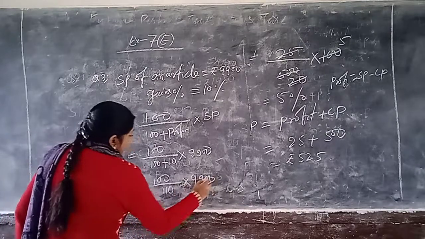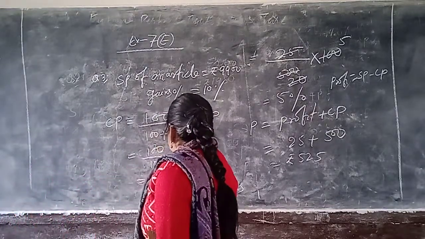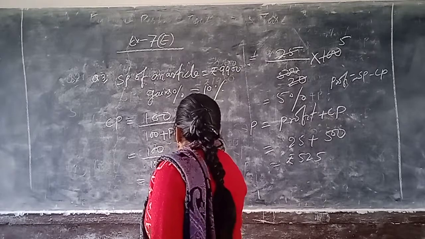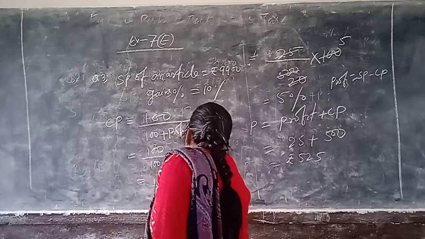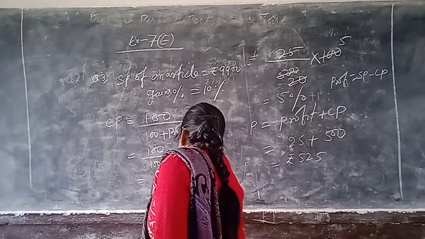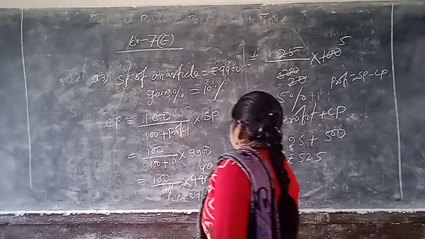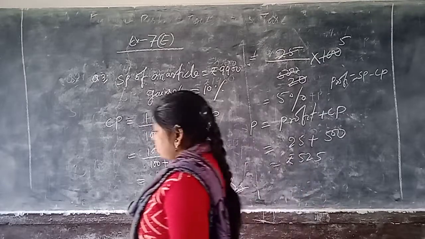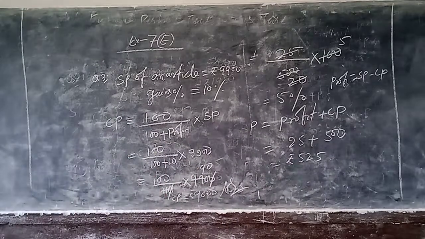And reduce these fractions. So the answer is 9,000. This is the answer, no?